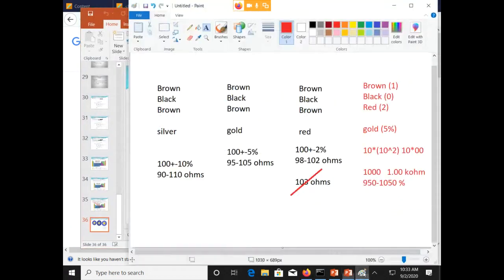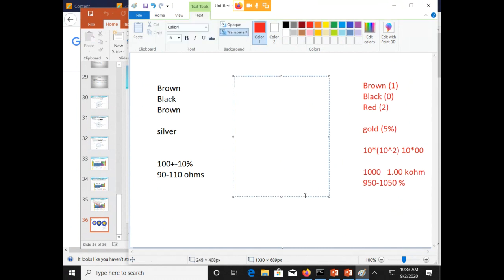So for the gold as a multiplier, okay, so let's say we had brown, black, gold, is 0.1, okay, which is actually 10 to the minus 1 power, right? And then say red was your 2% tolerance band, okay?